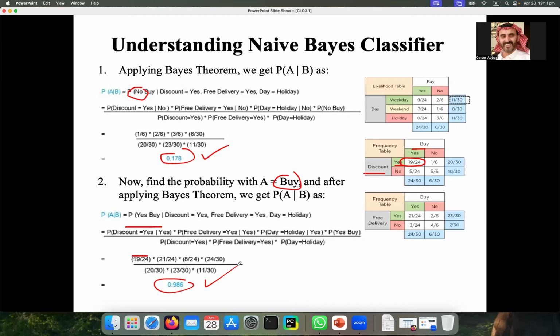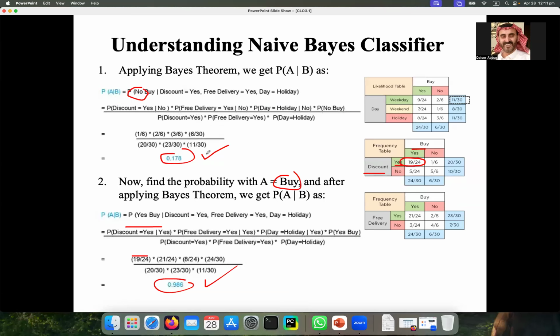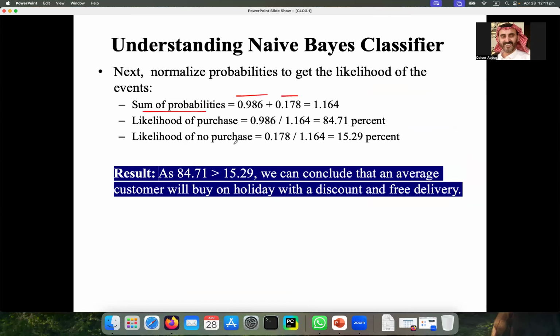Now you can do some further normalization with it. If you want to normalize, you can sum these two probabilities, the probability of not buy and buy. Sorry, this is not buy, this is buy. If you add them, you will get a total probability which is not one, it is becoming more than one.